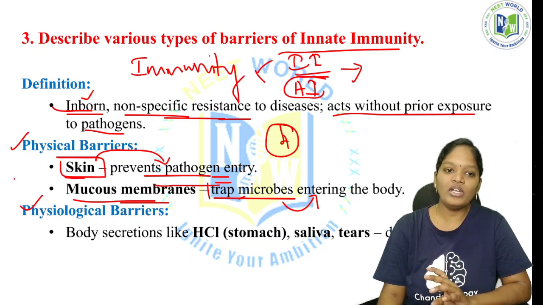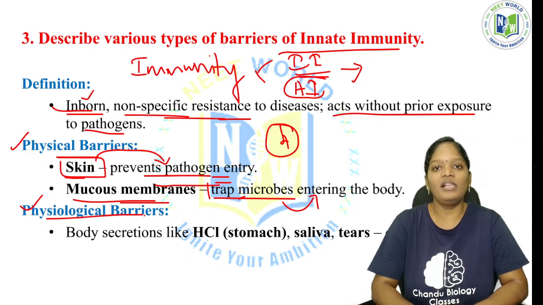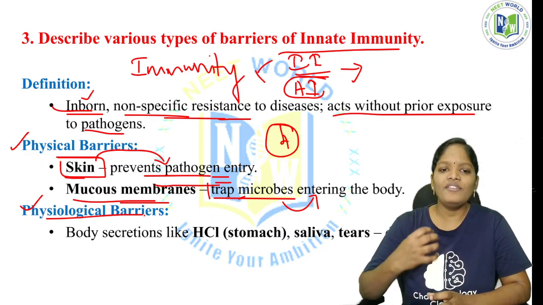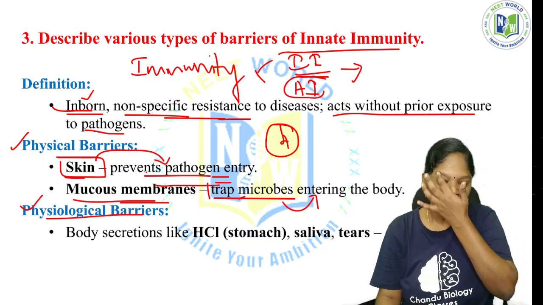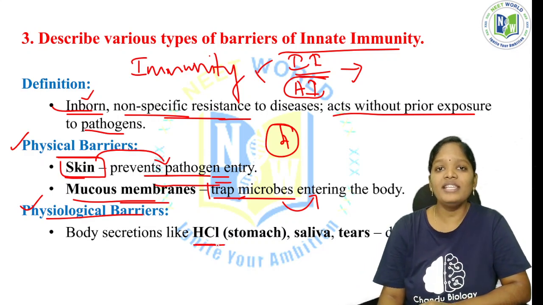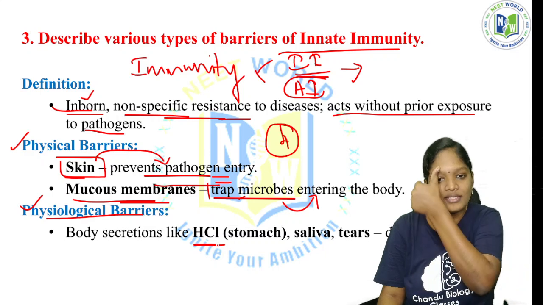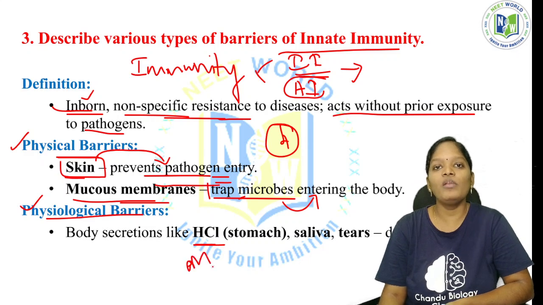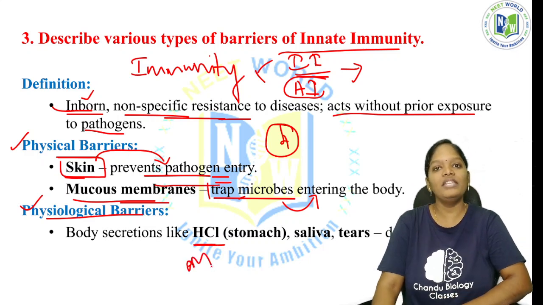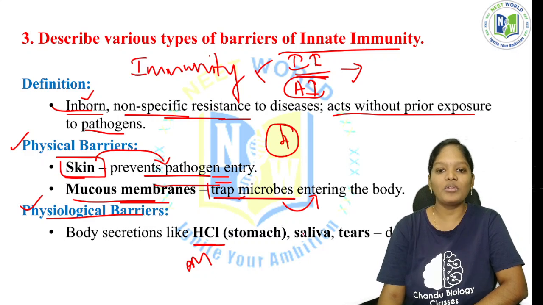The second important barrier is the physiological barrier. In our stomach we have HCl, which is hydrochloric acid. As it is an acid, the pH will not be suitable for most microorganisms, so it also works against microorganisms.